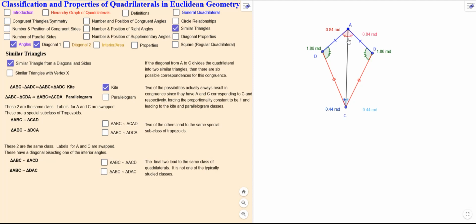And since side AC is corresponding to AC with this setup, these sides are proportional and the proportionality constant must be 1, therefore these must be congruent. We've already seen that that's enough to make that a kite.